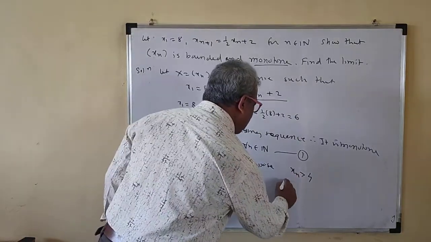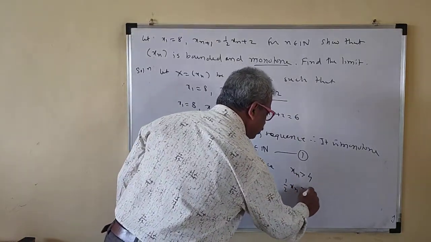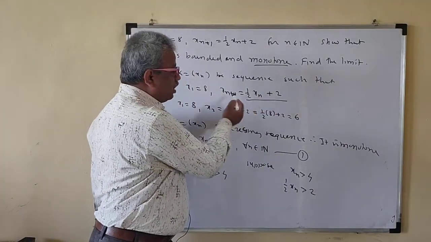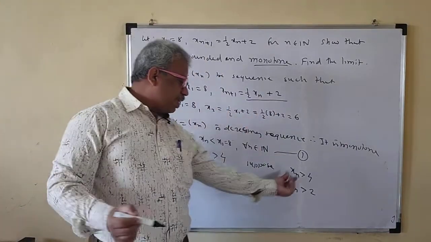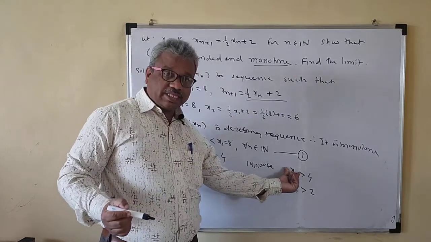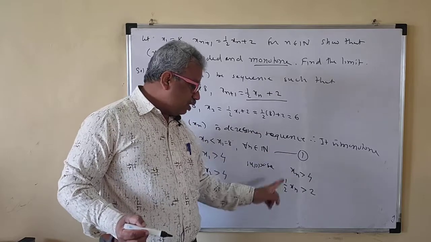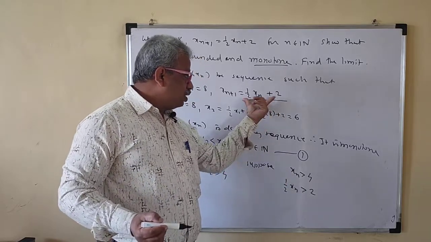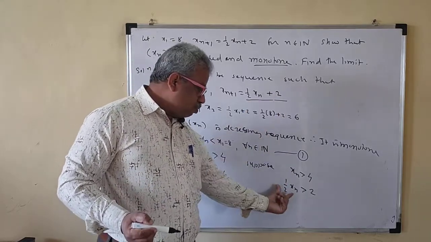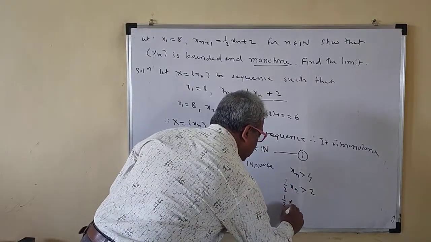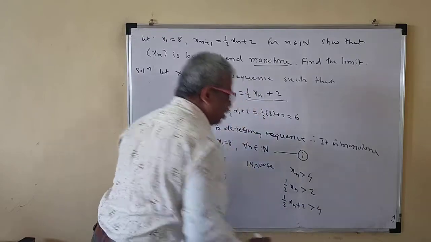We'll multiply by half on both sides, and we want xn plus 1 in the place of xn. So in total, we'll multiply by half. Then we'll add 2 on both sides. Then 1/2 xn plus 2 is greater than 4.